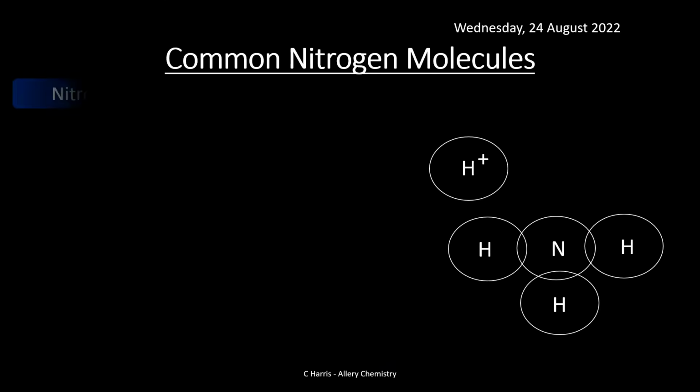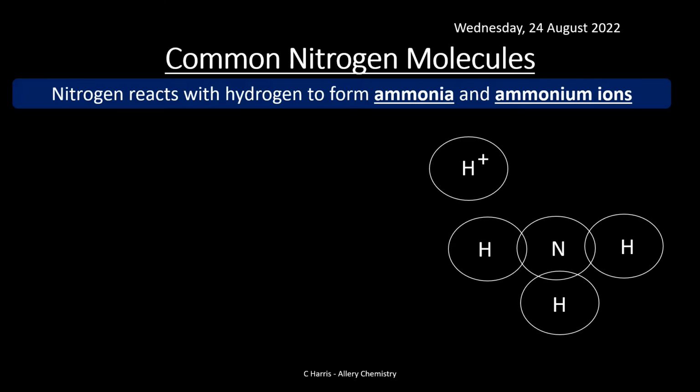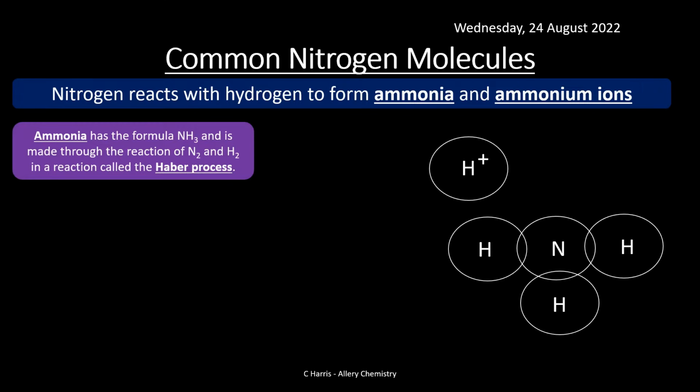Okay, so let's have a look at some common nitrogen molecules. So nitrogen reacts with hydrogen to form ammonia and ammonium ions as well, as you're going to see in a moment. So ammonia, as you've seen before, has the formula NH3 and is made through the reaction of nitrogen and hydrogen.